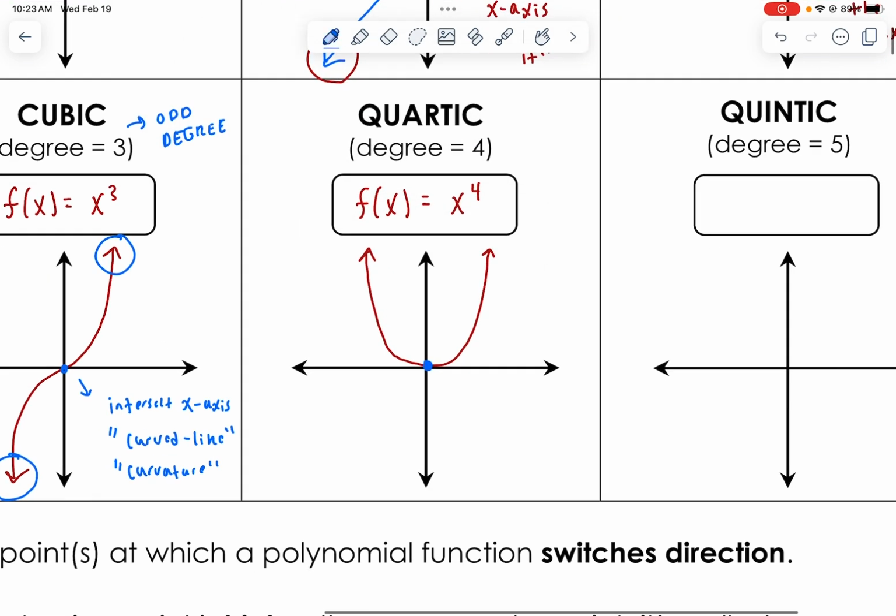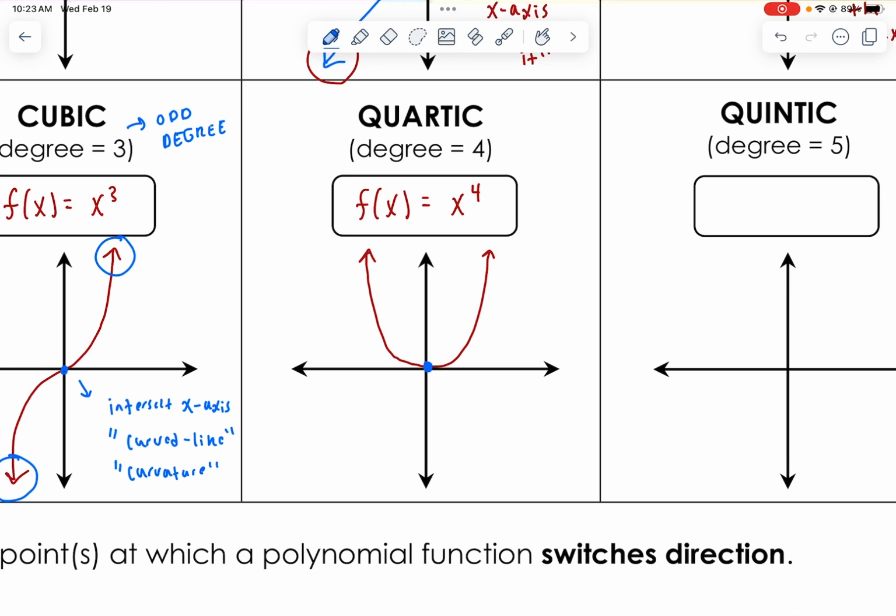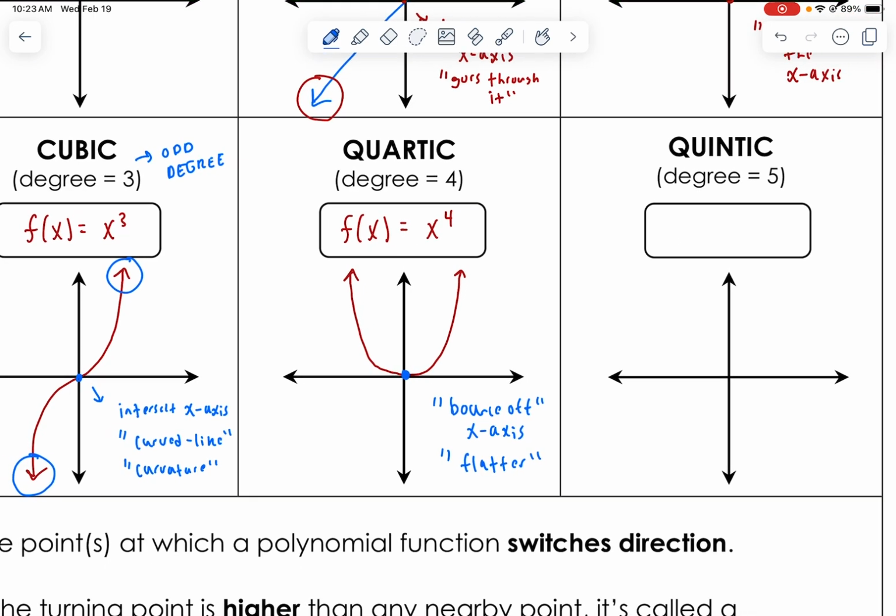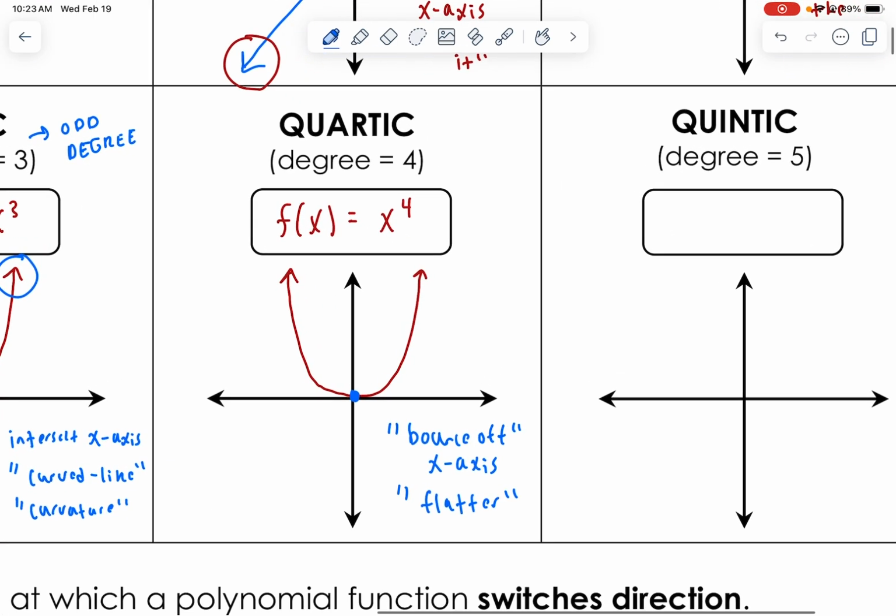So here, once again, it does bounce off the x-axis, but when it does bounce off, the curve becomes flatter. Okay. And if you compare this quartic to the quadratic, this is an even degree polynomial.